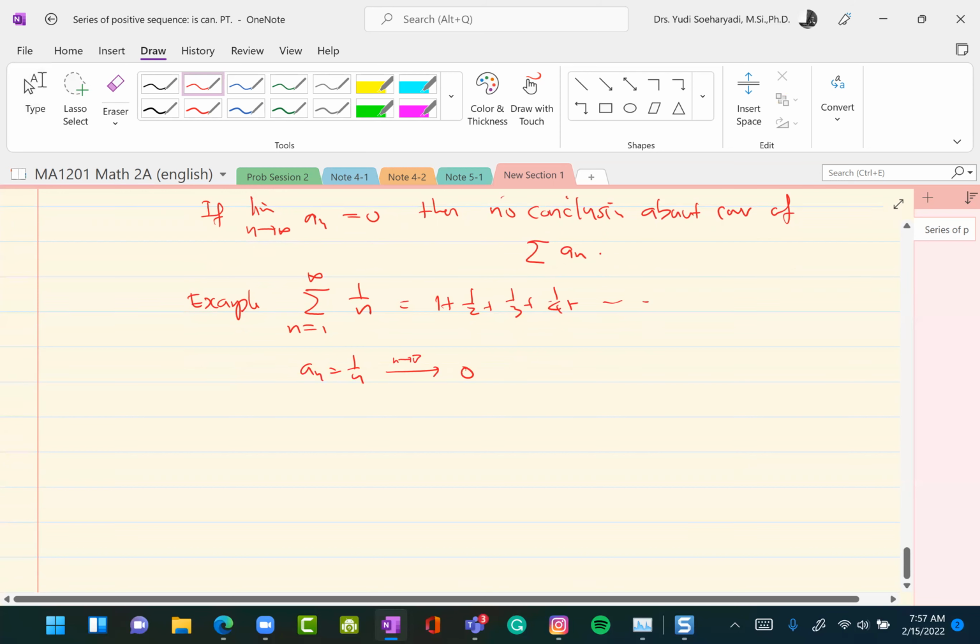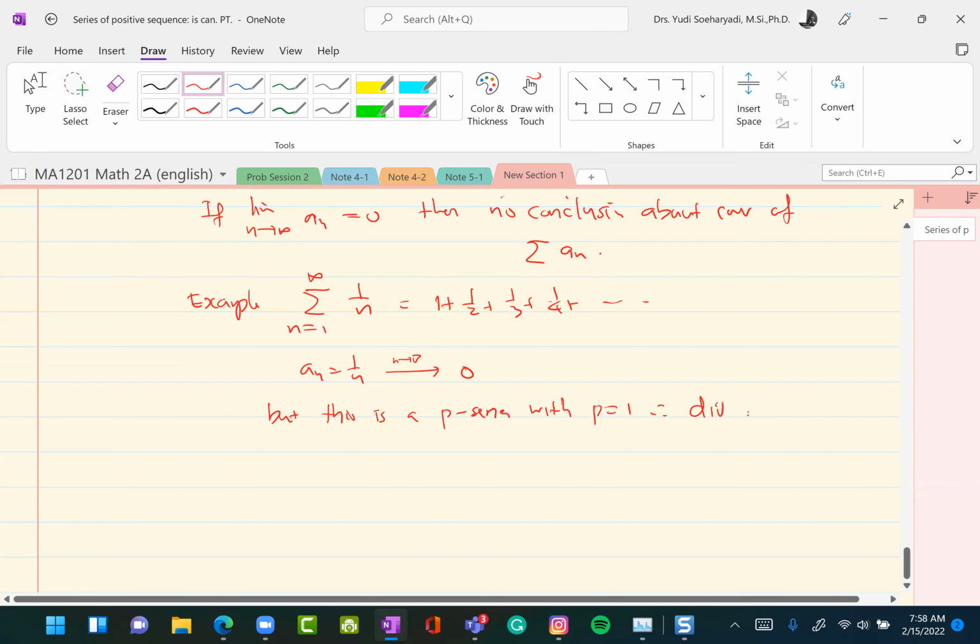But this is a p-series with p equals 1, so the conclusion is divergence.